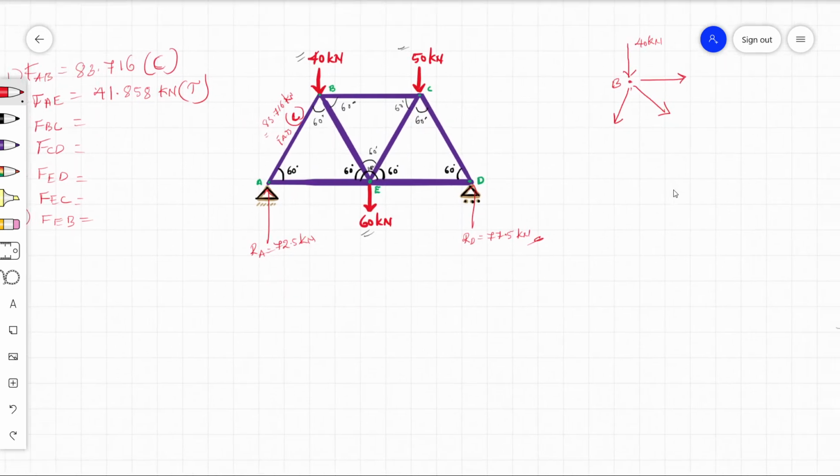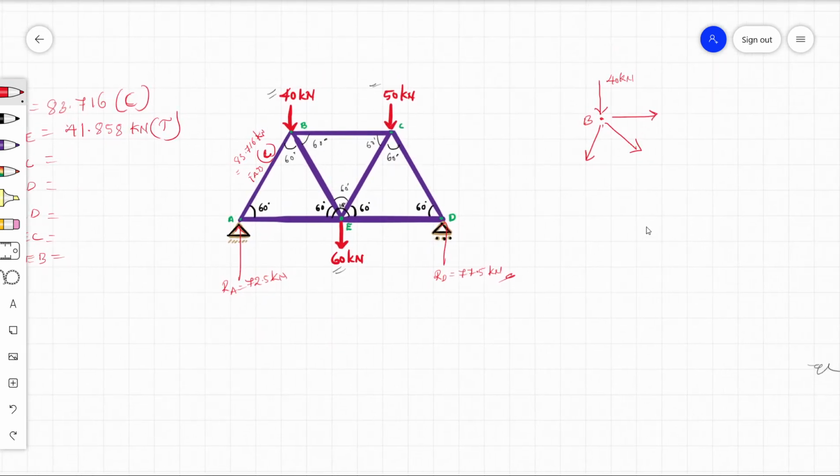So what happens for joint C? Joint C is again 50 kilonewton. Just look through that C. One more force. All the forces we are assuming are going outward, because we are assuming all the members are in tension.